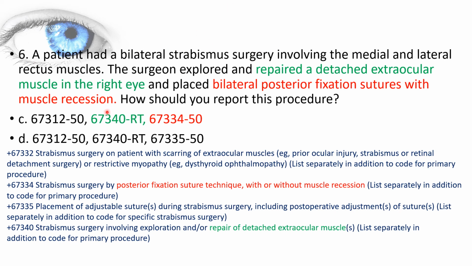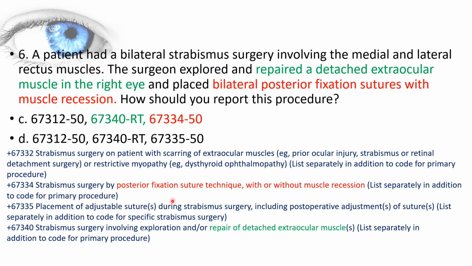So we can go through. These are the add-on codes 67332, 67334, 67335, 67340. Here there are only two codes, 67334 and 67335. What are they? 67334 is by posterior fixation suture technique with or without muscle recession. 67335 is placement of adjustable suture.